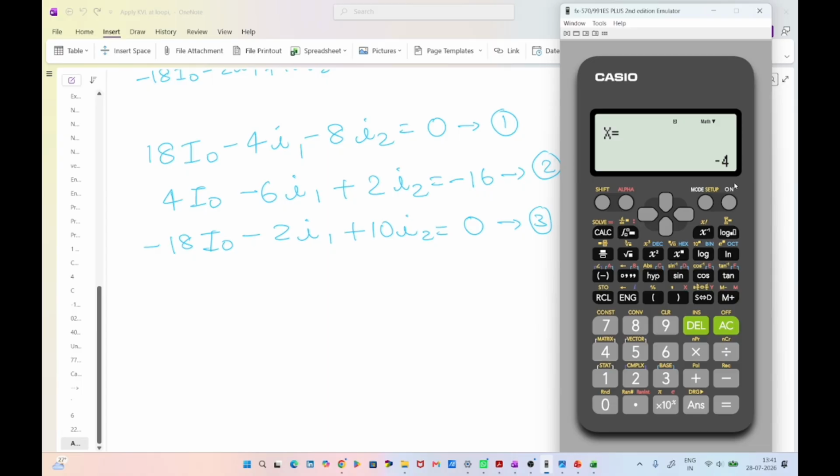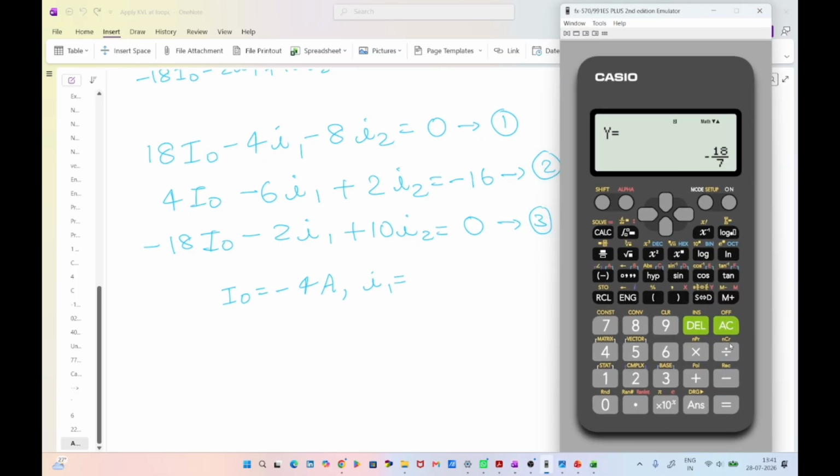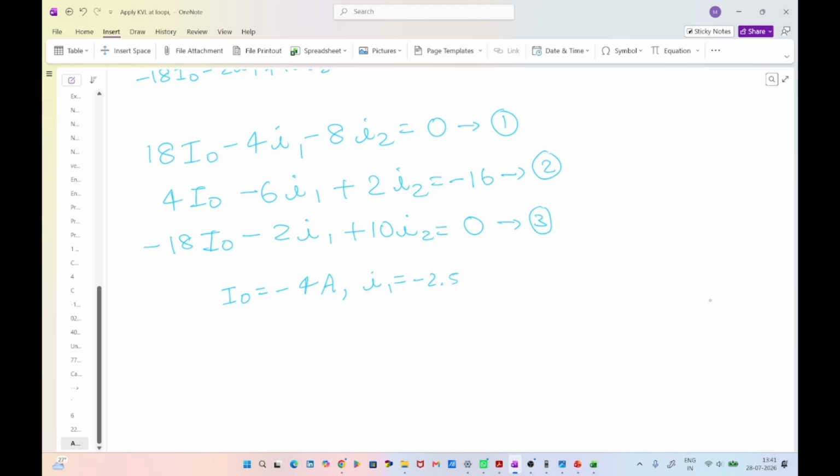Here the I naught is minus 4. I am writing it here. I naught is equal to minus 4 amps. Then I1, click on the calculator, then click on equal. I1 is equal to minus 2.5714 amps.